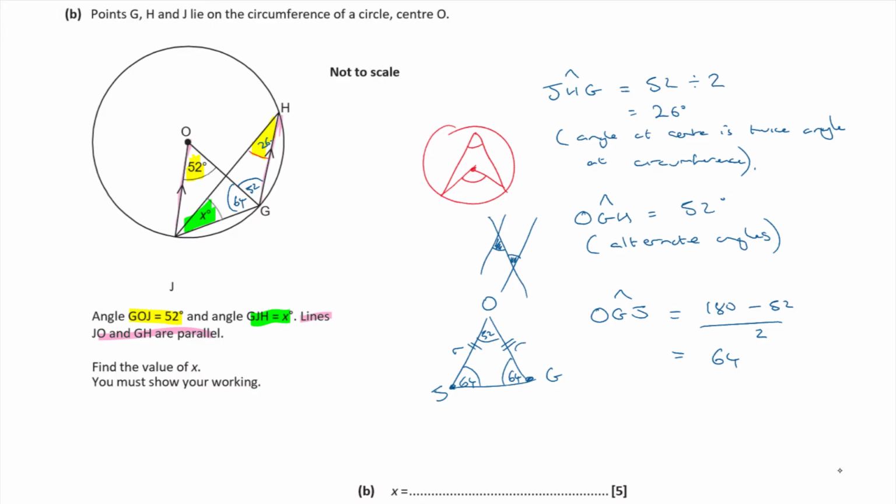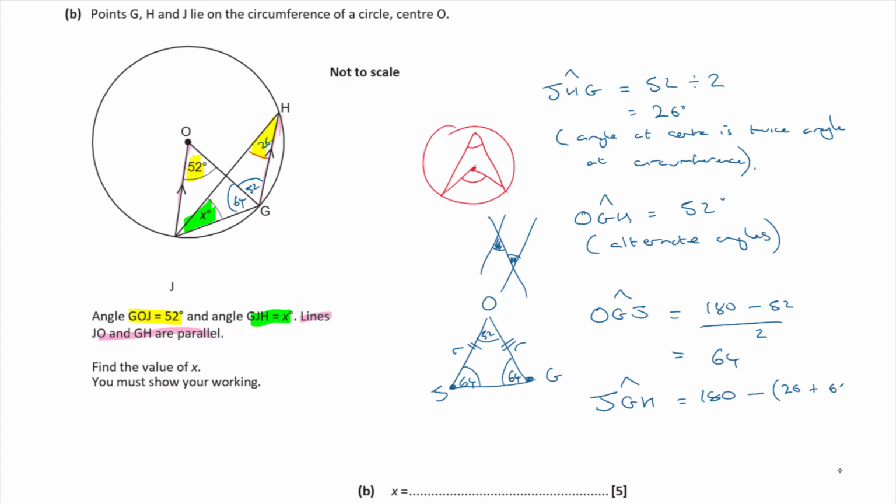Okay, so now I can work out the angle that I'm looking for. Now I can work out GJH. I can just use the angles in a triangle. So for JGH, I'm going to use angles that add up to 180. So if I take 180 and take away the two other angles in the triangle, one of which is 26, and the other which is the combined angle of 64 and 52, isn't it?